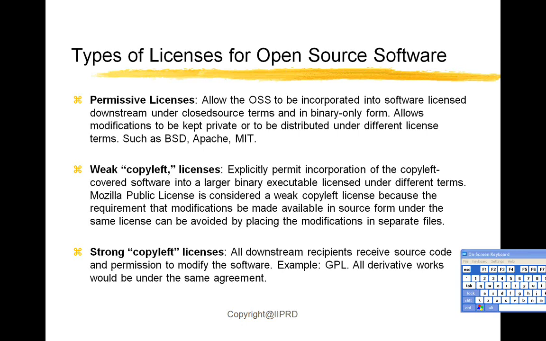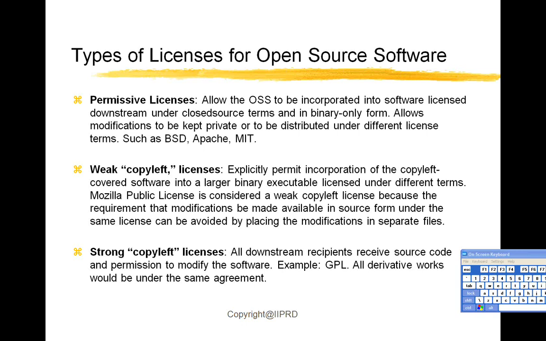There are certain weak copyleft licenses. Weak copyleft licenses are those which explicitly permit incorporation of copyleft covered software into a larger binary executable licensed copy under different terms. For example, the Mozilla Public License. It is considered a weak copyleft license because the requirement that modifications be made available in source form under the same license can be avoided by placing modifications in separate files.